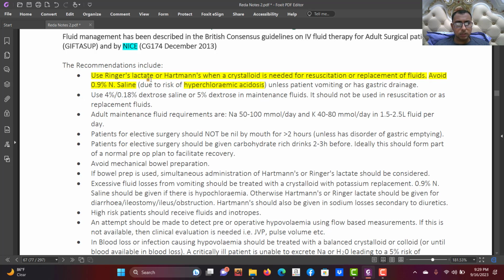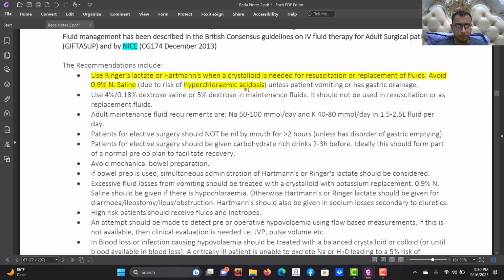You can't use a lot of normal saline, but in our country I saw some doctors use normal saline randomly as the first fluid in a diabetic person. I think this can be changed, because Hartmann's is a very good fluid: it contains a lot of electrolytes, along with potassium, chloride and lactate, but normal saline contains only sodium and chloride.